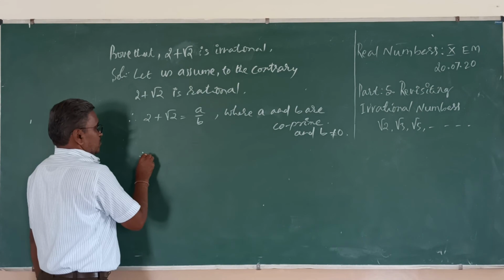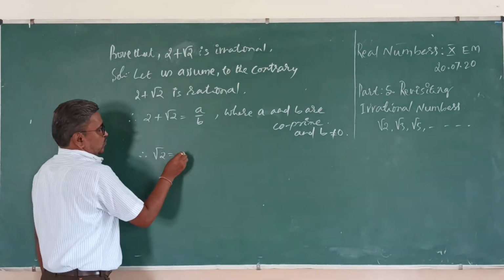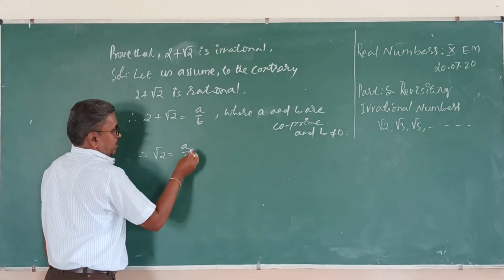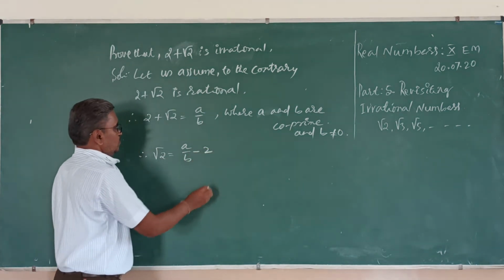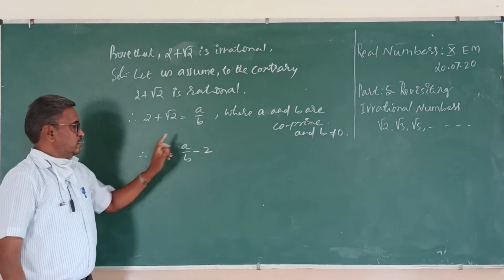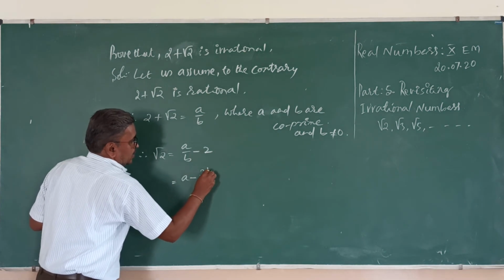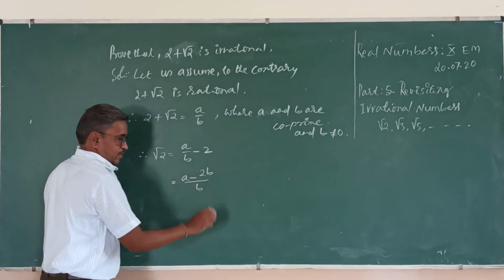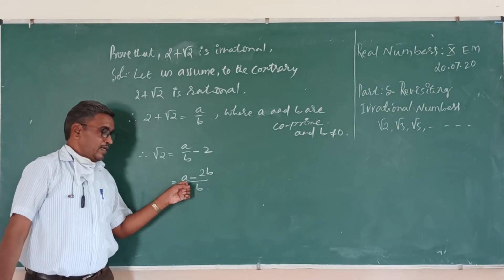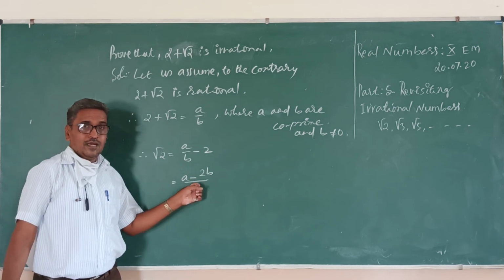Therefore simplification gives that root 2 equals a by b minus 2, which equals a minus 2b divided by b. Here a and b are integers.